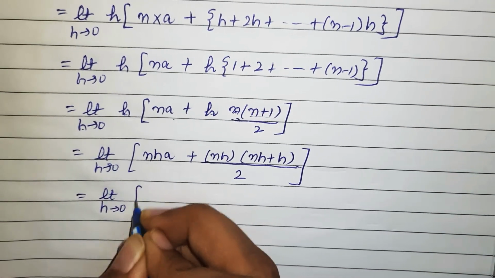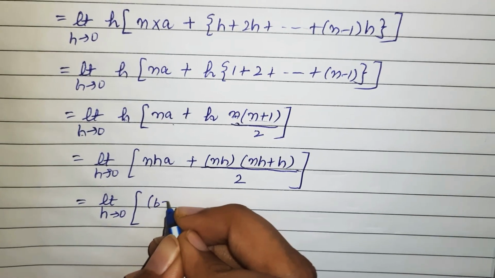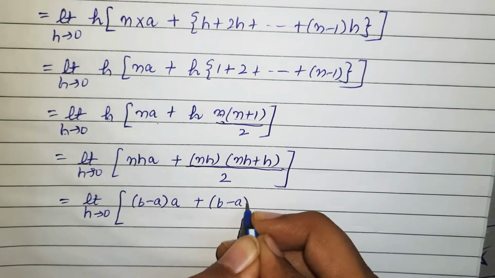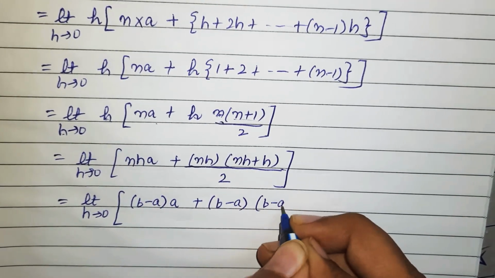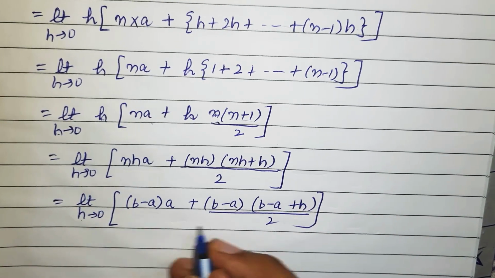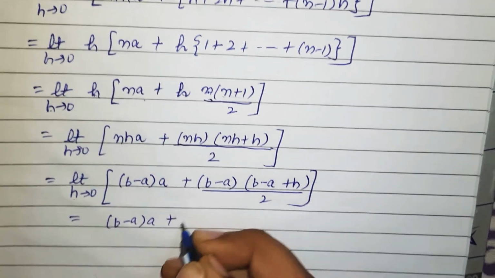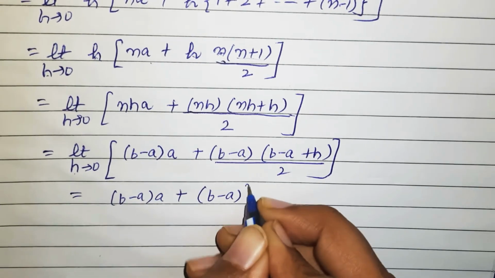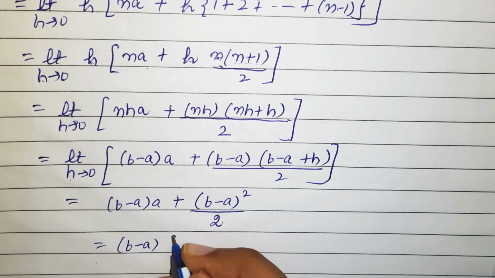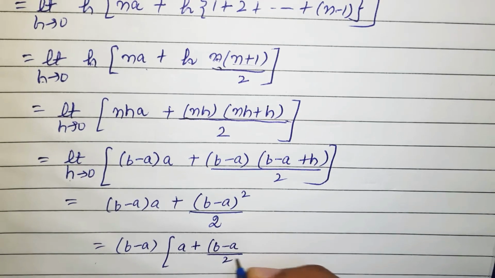Limit h tends to 0 will remain the same. The value of nh we have already calculated, which is b minus a. So now put the value of nh: b minus a, a plus h by 2. Now apply h tends to 0. So I am getting b minus a, this will become h0. If I take b minus a common, I am getting a plus (b minus a) by 2.